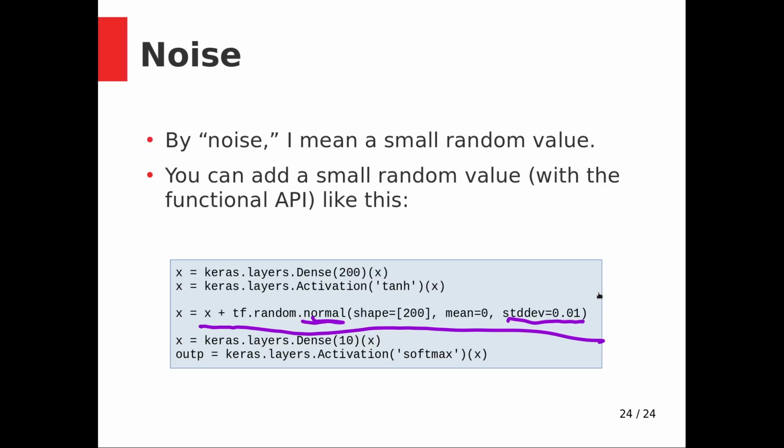I made that more complicated by trying to explain it. So I'm adding noise that will be centered around zero and clustered very tightly. So a very small amount of noise to my input, right? And that's just it. I get a random tensor, I add it, that's it.